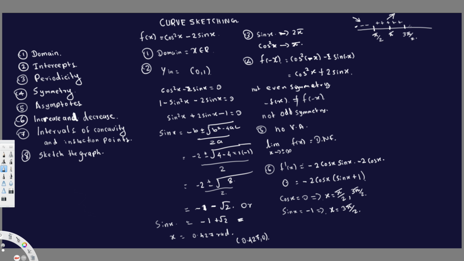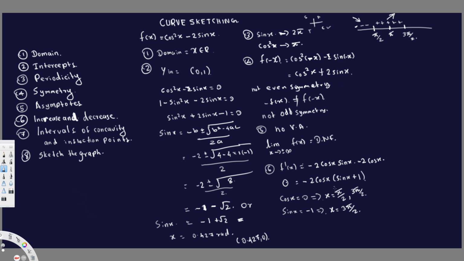And after 3·5π/2, let's plug in a value. After 3·5π/2, let's take the quadrant. We know all silver teacup. So here we are in the fourth quadrant. After 3·5π/2, it's in the fourth quadrant, which means cos is going to be positive. Cos is the only thing that's going to be positive in the fourth quadrant.